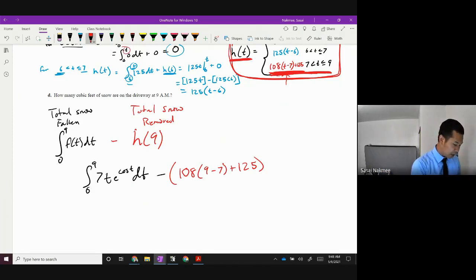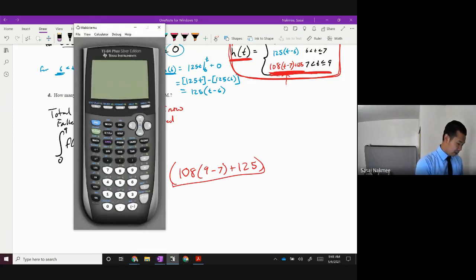Plug this into the calculator. See what you get from 0 to 9, and then subtract the 2. The answer you should get if you work this all the way out is, well, I actually don't know. Oh, by the way, if you ever typed in something and you need to go back and just change a number, you can always hit second and enter, and it'll bring back the last thing you typed, and you can do that repeatedly.